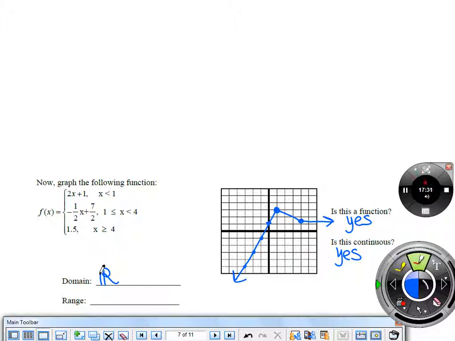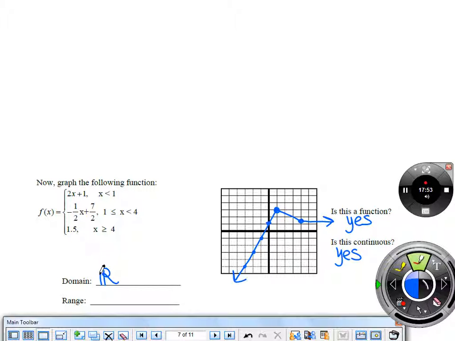The range is easier to find if you look at the graph graphically. Okay? Did you have a question? Sorry. No? Okay. All right, so let's look at the range. So now we're focusing up and down, or y values. Okay? So is there any y value you can find that the graph does not capture or reach? Yes? Right.